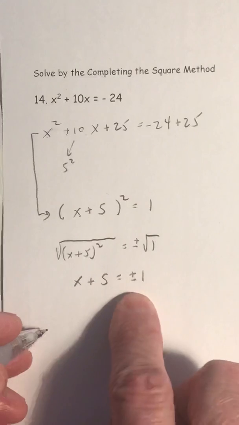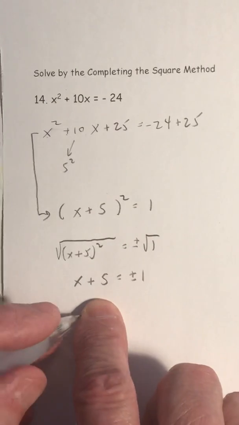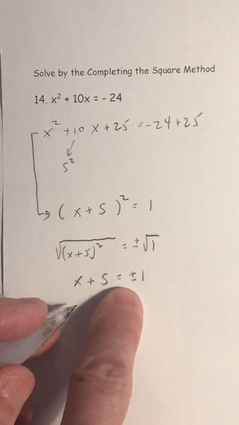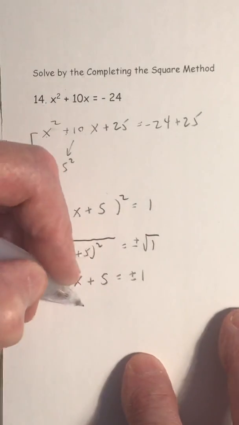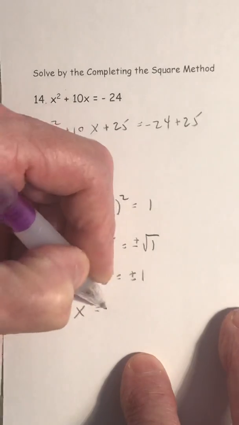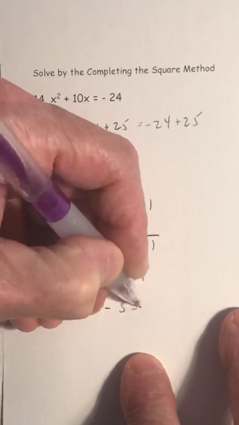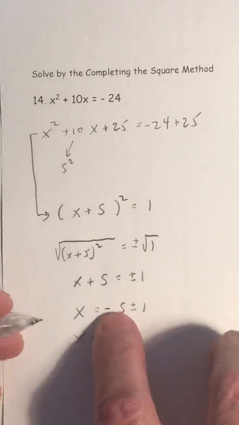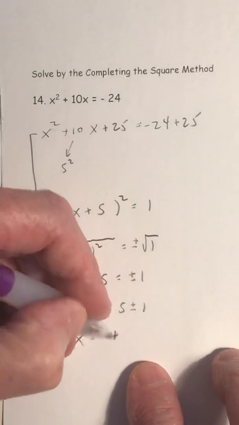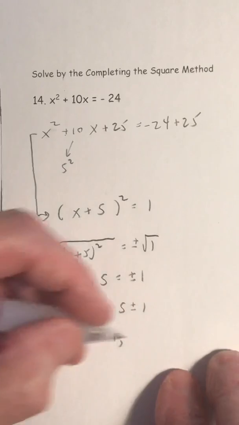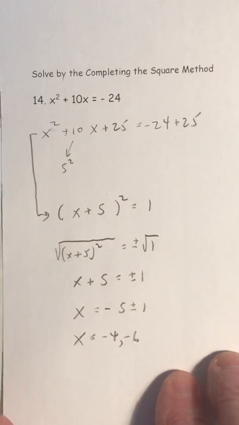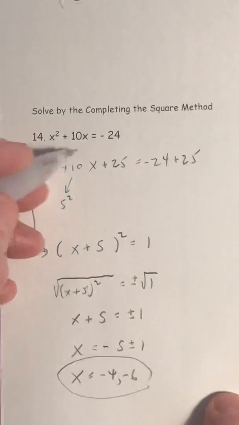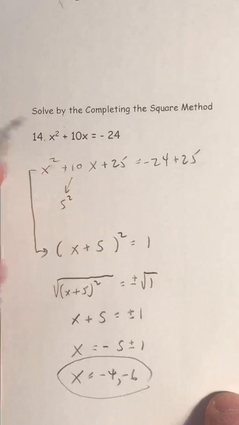I want to get this plus 5 out of here, so I add negative 5 to both sides, and I put the negative 5 right in there after the equal sign before the plus or minus, and I write x equals negative 5 plus or minus 1, which means what two numbers? Negative 5 plus 1 would be negative 4. Negative 5 minus 1 would be negative 6. And both of these values, if you insert them in the original, will give you negative 24.